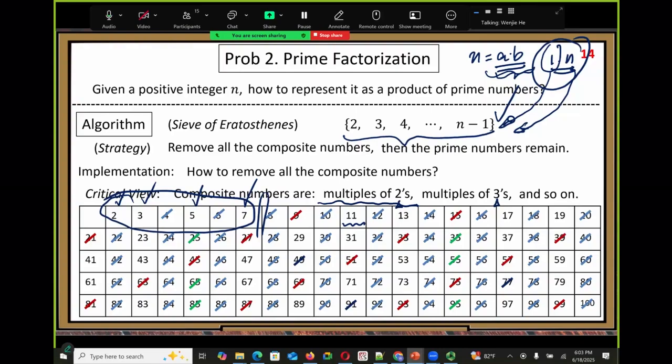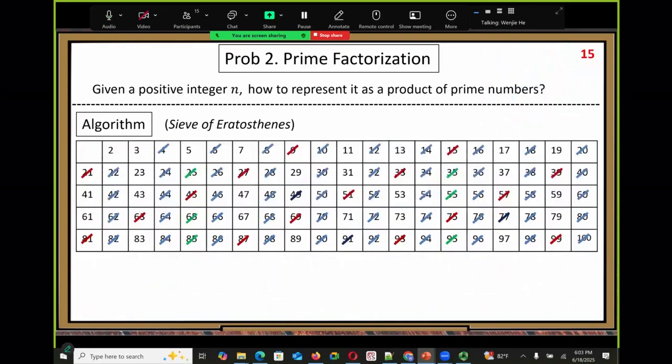Remember, at that time I asked you what property we can discover, and we couldn't see any special property. But here, after we work on the specific example, now we can see some interesting property: why we can stop after 7. Let me explain that property.